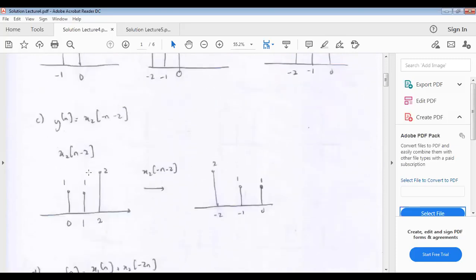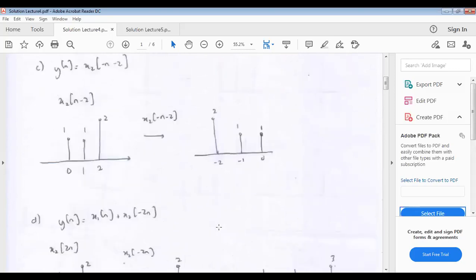Once we have this, you can proceed with the reversal of x2[n]. Reversal means that the positive n shall be folded to negative n, and you get these results. So that should be the answer for these operations. Hopefully you understand this clearly, the same as what we have done before in continuous time.